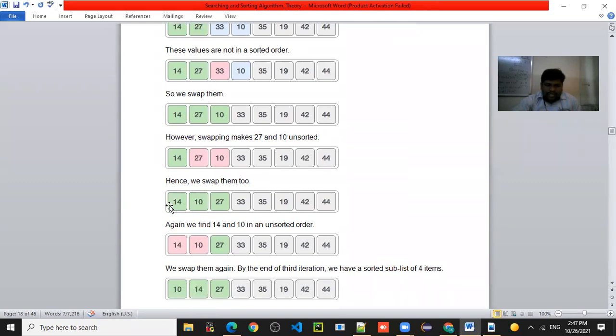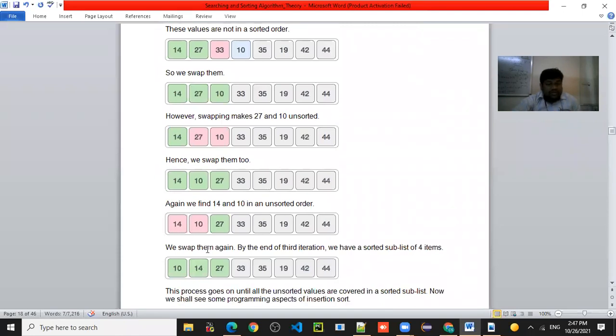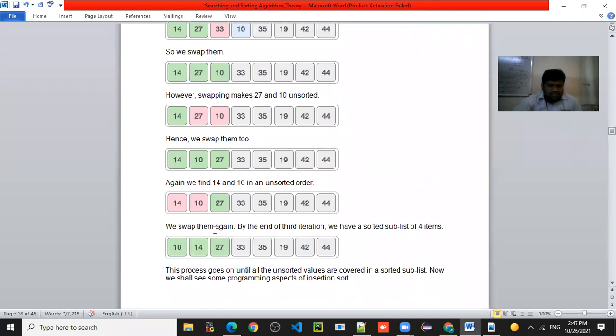Now after that, again 14 and 10 we will compare. Again we find 14 and 10 is in unsorted order. So again we need to apply the swapping here also in the sublist. So we swap them again, and by the end of the third iteration, we have a sorted sublist of three elements: 10, 14 and 27.